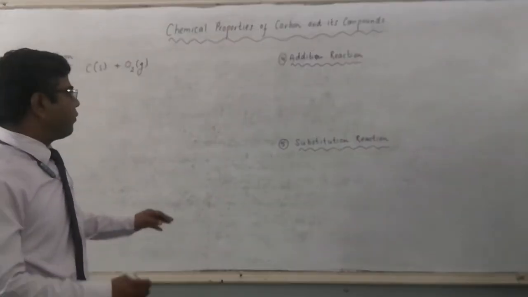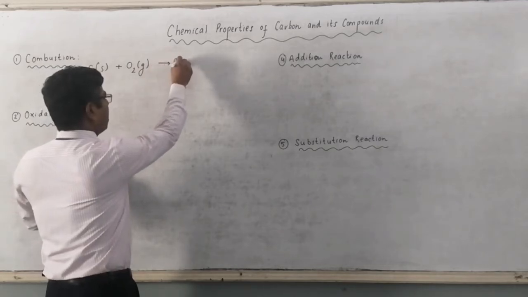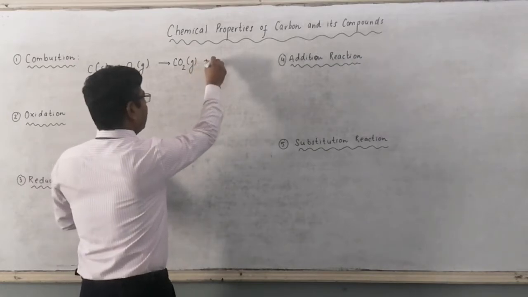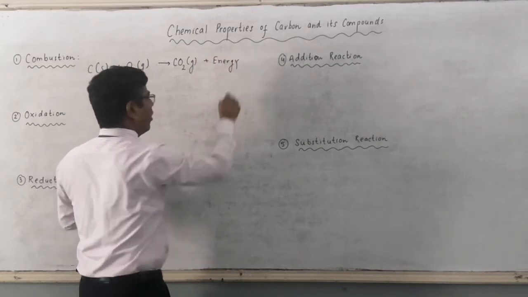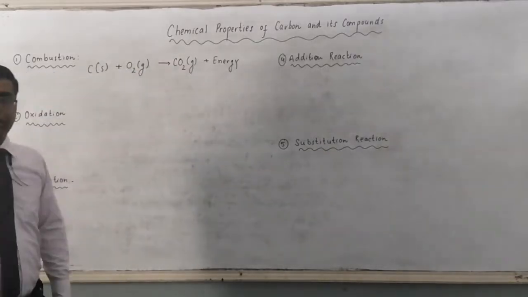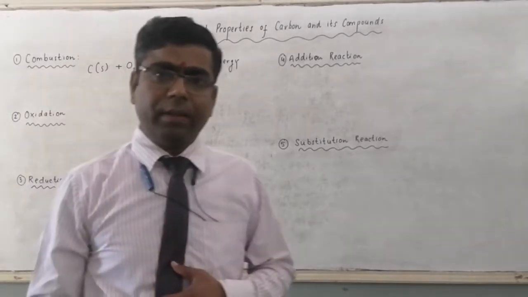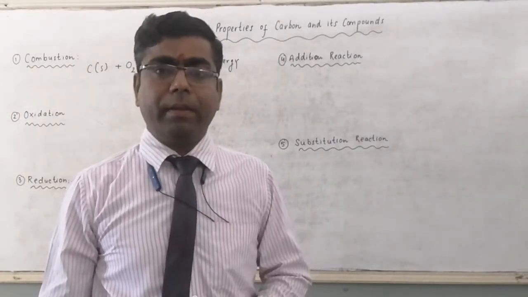So carbon combines with oxygen, as a result of which it gets converted to carbon dioxide gas, and energy is liberated in the form of heat. So when the purest form of carbon is taken, then we always get carbon dioxide.